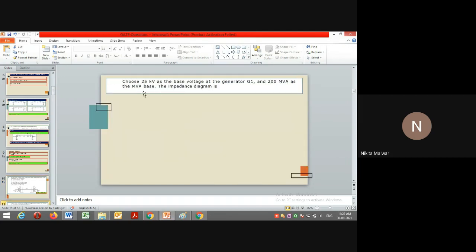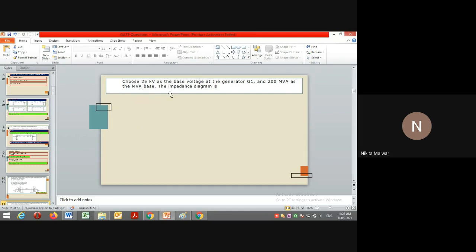What is the question? Choose 25 kilovolt as the base voltage at the generator G1. Note this point that we are given 25 kilovolt as the base voltage for generator 1 and 200 MVA as base MVA.